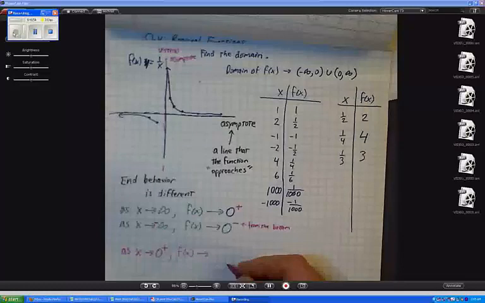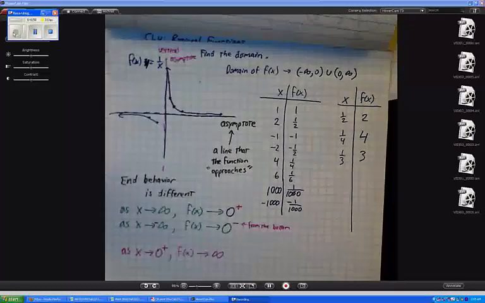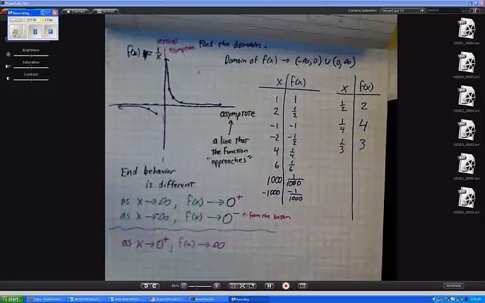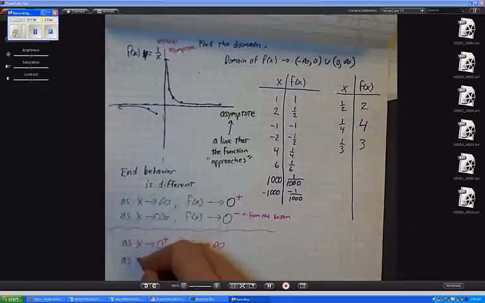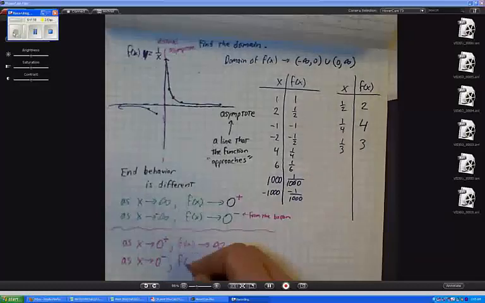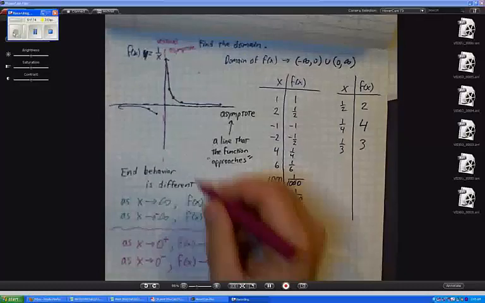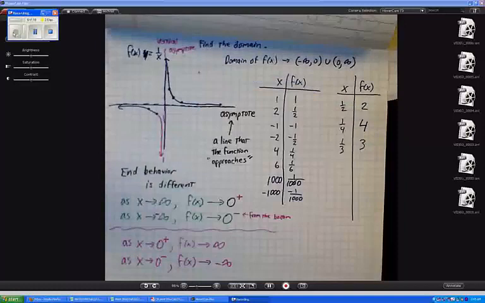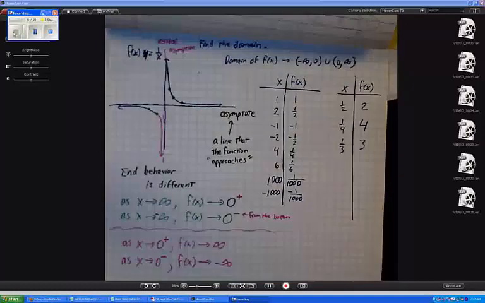So we're going to say it goes to infinity. This is not end behavior. This is just kind of separate. What would I say about this? As x approaches 0 from the negative side, what happens to f of x? It approaches negative infinity. It's going to decrease without bound. Okay? So there's a graph of f of x equals 1 over x.